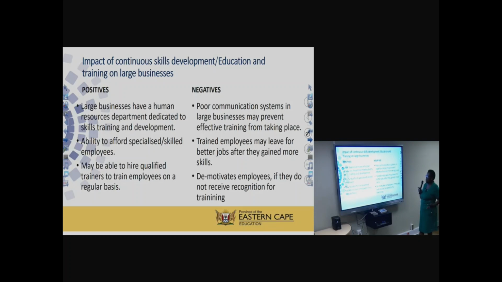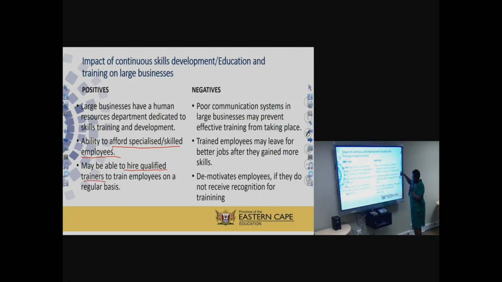A large business will have a department focusing on skills training and development, and they have the ability to afford those people we call experts, because they are able to pay them huge sums of money as wages. They may be able to hire qualified trainers to train their staff.